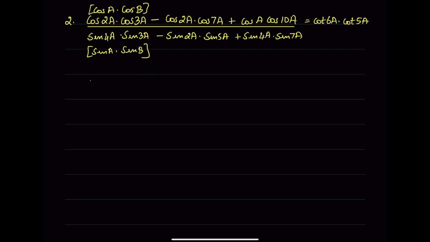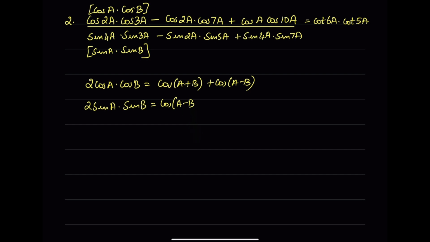So we know the formula for 2 times cos a cos b, that is cos of (a plus b) plus cos of (a minus b), and 2 times sin a sin b is equal to cos of (a minus b) minus cos of (a plus b). Now to get to the format of 2 cos a cos b and 2 sin a sin b, let us multiply and divide the numerator by 2.